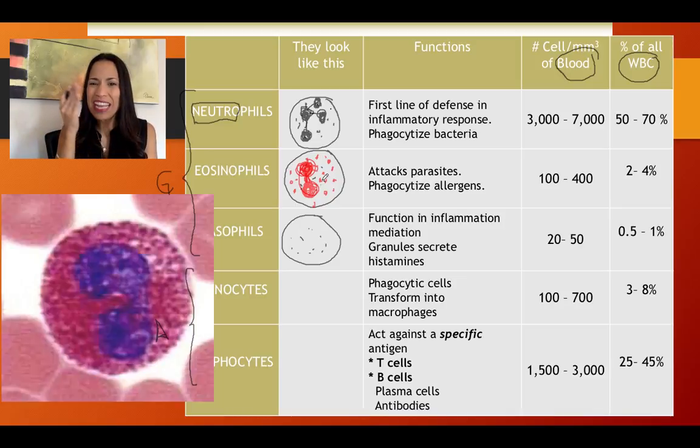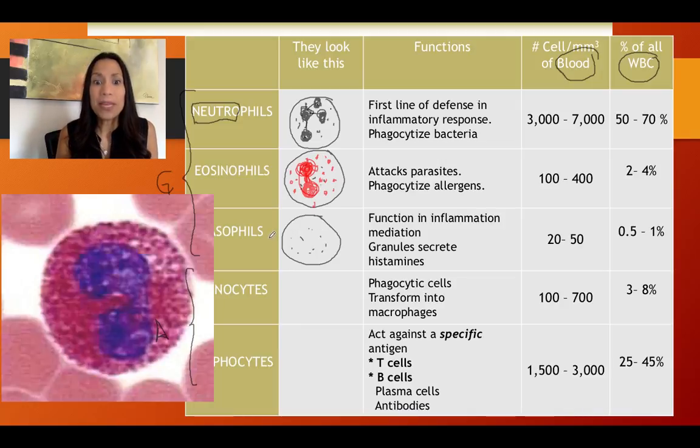And they're involved in ending these allergic reactions. Okay, so those are the eosinophils. Of all the white blood cells, only 2 to 4% are eosinophils, so they're not that common. In 1 cubic millimeter of blood, we have 100 to 400 cells.